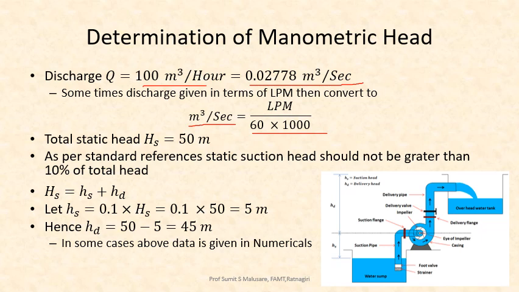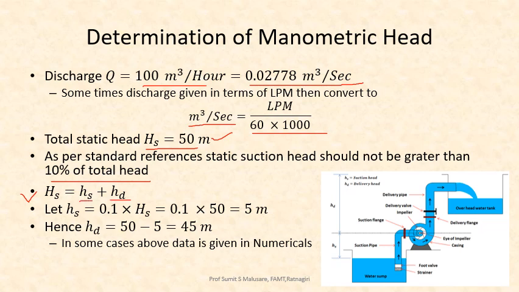Now here the total static head Hs is equal to 50 meters. As per standard references like Modi and other books, and some pump manuals, generally 10% of the total static head can be considered as the static suction head. Total static head Hs is equal to static suction head plus static delivery head.